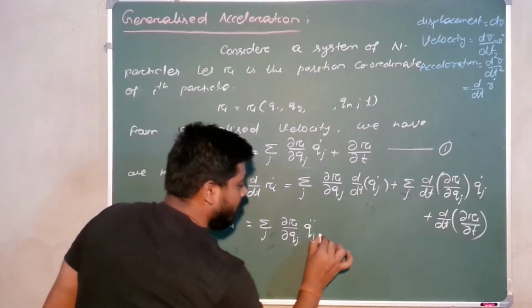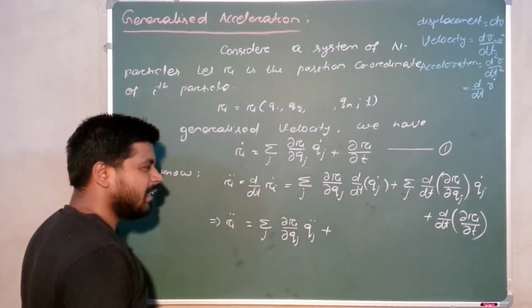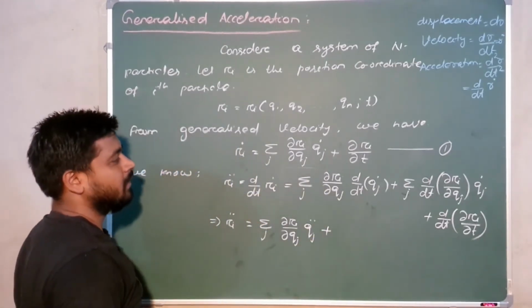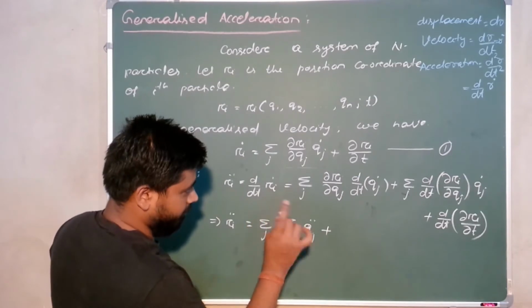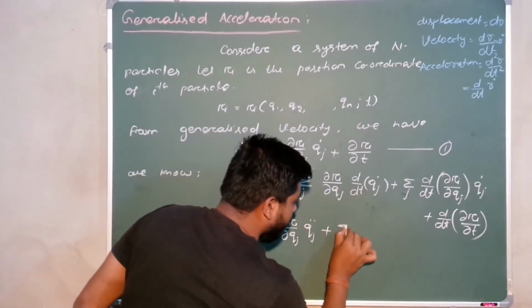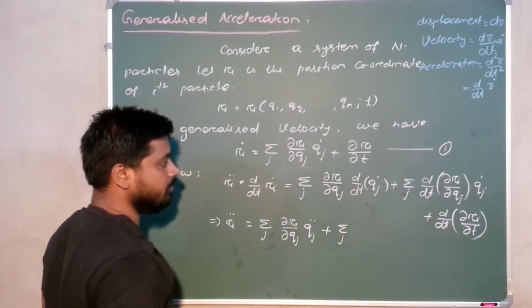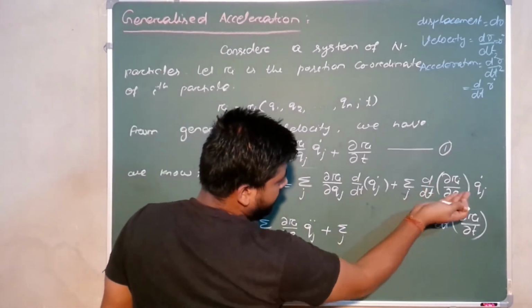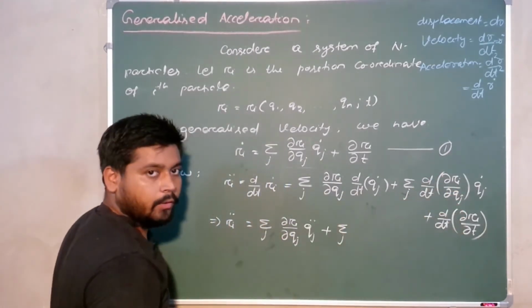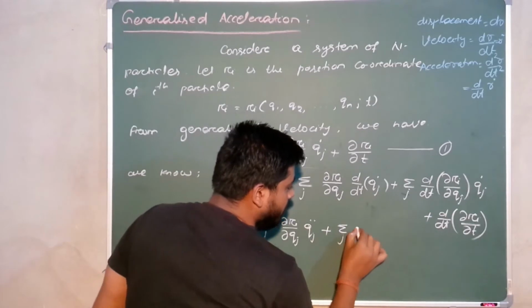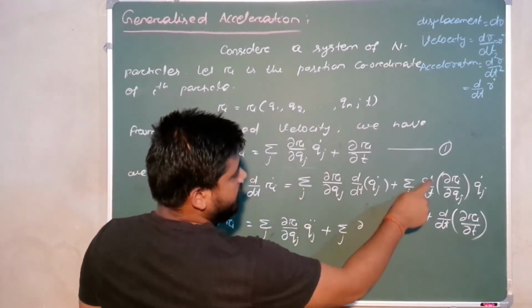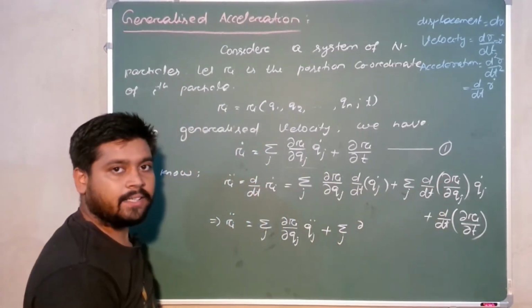Then simple mathematical derivation. That one becomes: take d by dt inside and ∂ by ∂qj outside. Then what do you get here? There is d by dt of ri, that is ri dot. Yes or no?